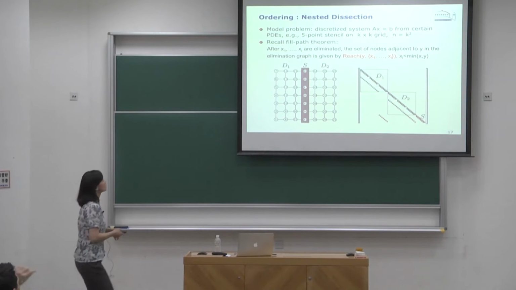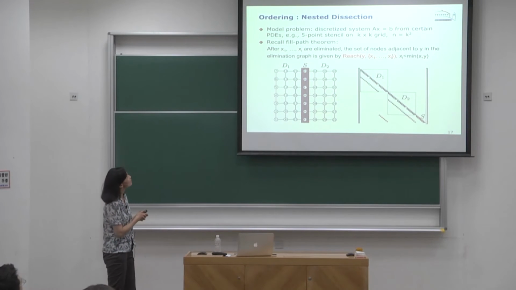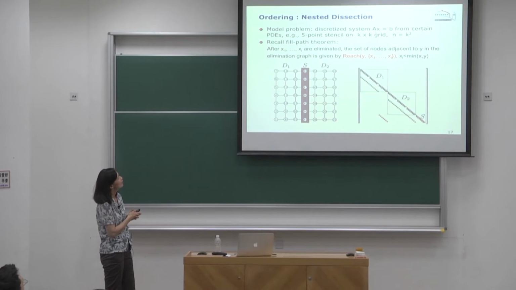Okay. It's still not clear, huh? So the answer is they will be connected because you can find a path between 49 and 43 going through the previous vertices, right? So any pair of the vertices within this, we call this a separator, by the way. Any pair of vertices here, 45, 48, you can find a path which goes through the previously eliminated variables. So what does that mean?